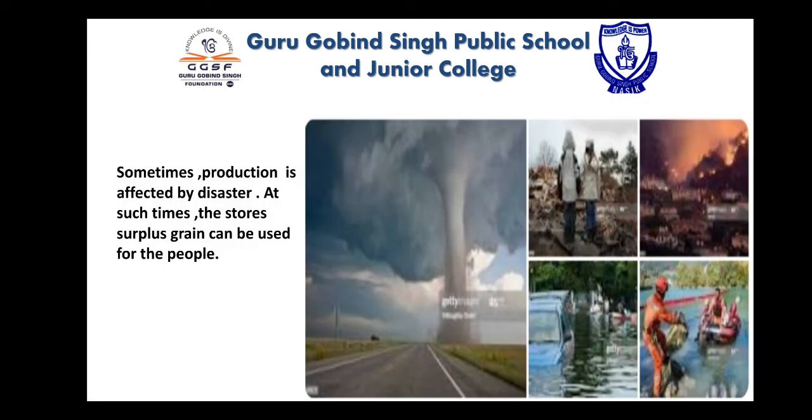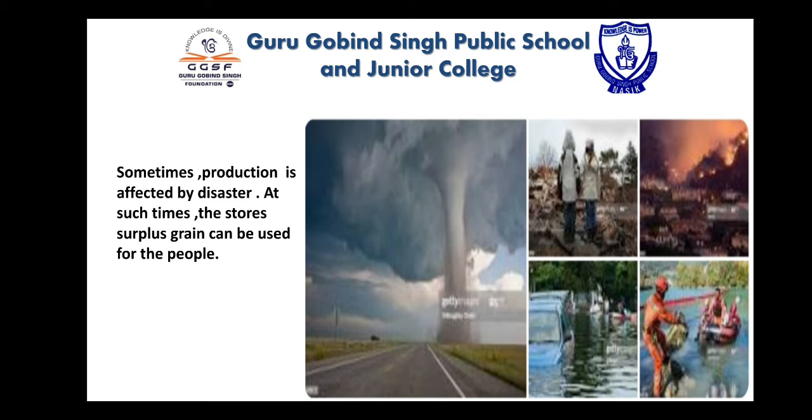Sometimes production is affected by disaster. Before this, see students, in India due to the improved methods of cultivation, we now produce plenty of food grains. The production exceeds the demand. The surplus food grain is stored in huge warehouses.